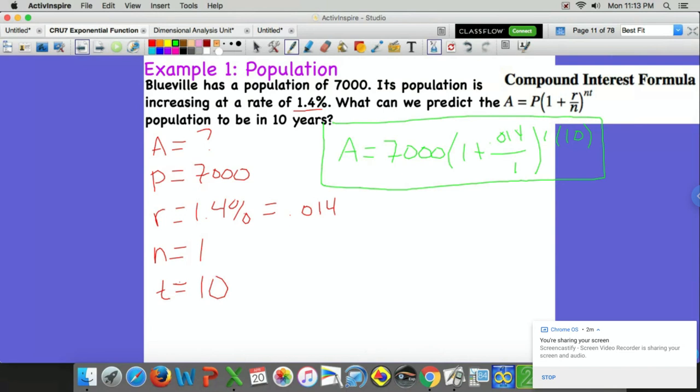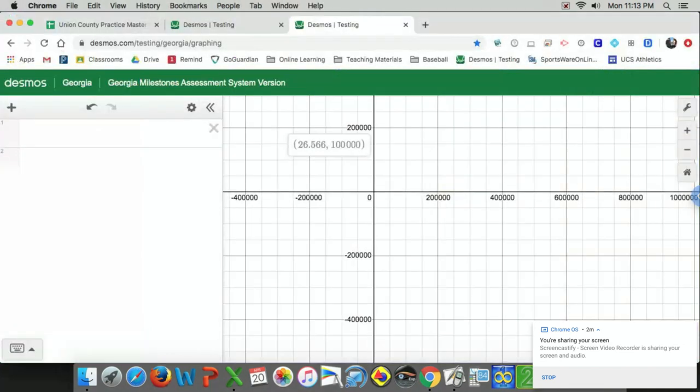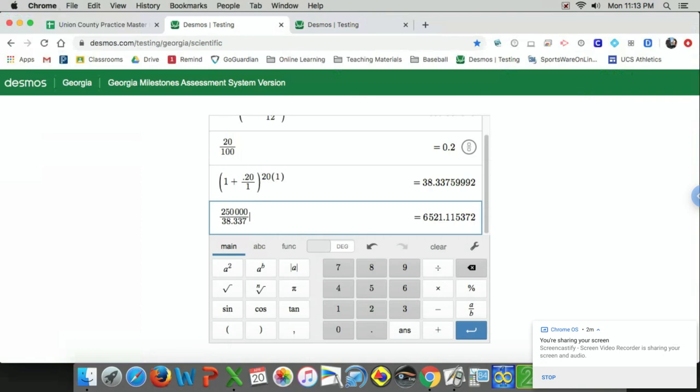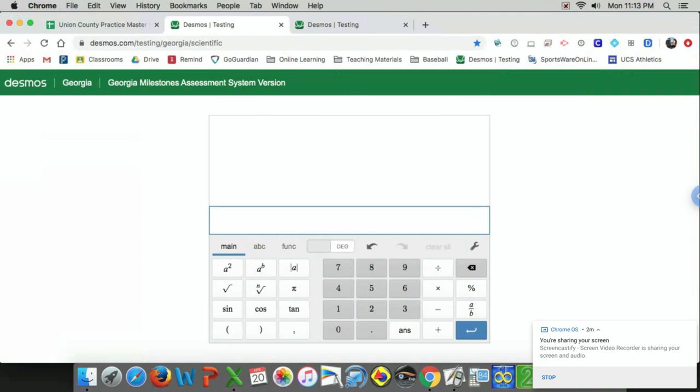So now we go to our calculator. So we'll clear this out. So we have 7,000, 0.014 on top, 1 on the bottom.